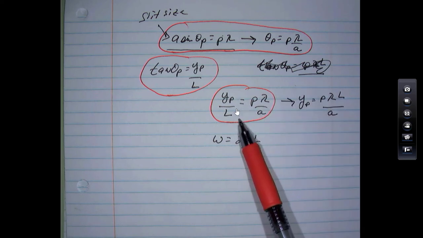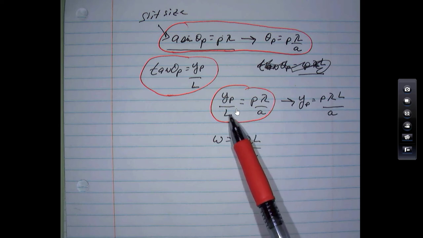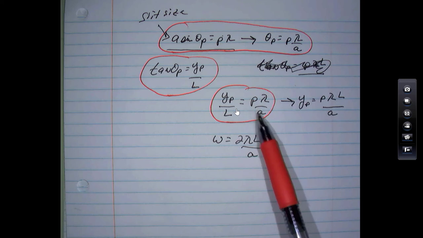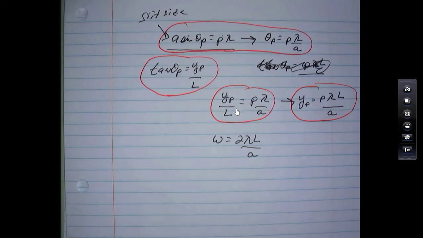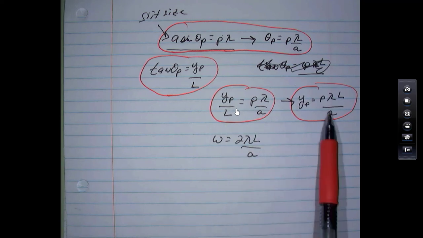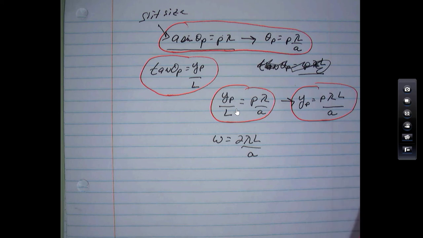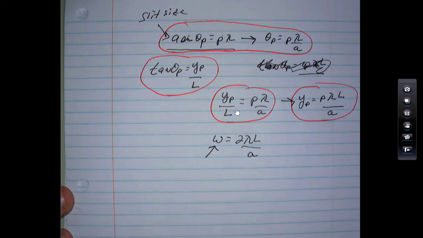And again, just keep in mind what all these things mean. L is still the distance to the screen, p is just an index, lambda is the wavelength, and A is the slit size. So when you read through the chapter, you'll get this for the location of the dark fringes. All I've done for this formula is take y sub p and multiply both sides by L. Now the central maximum is W. It's twice as big as any of the other locations.